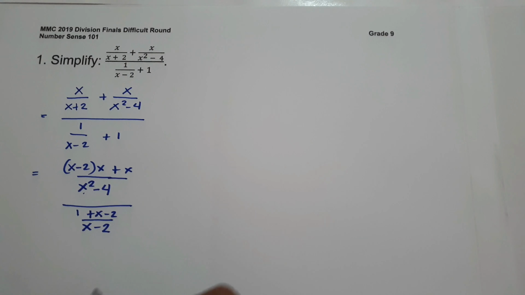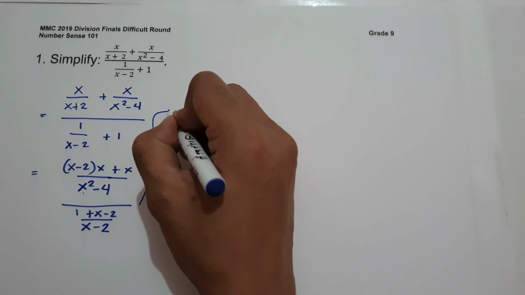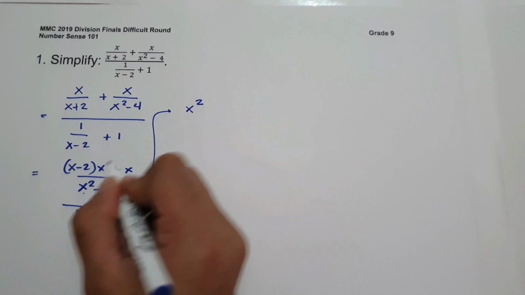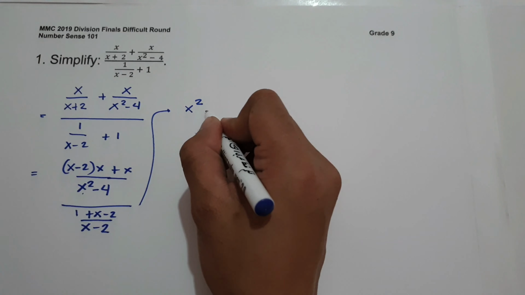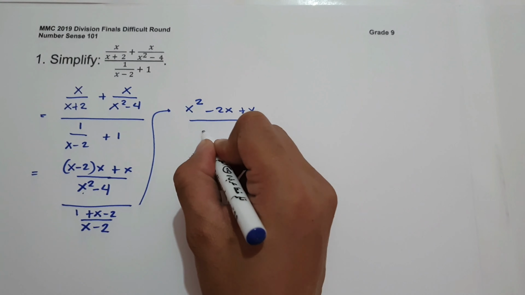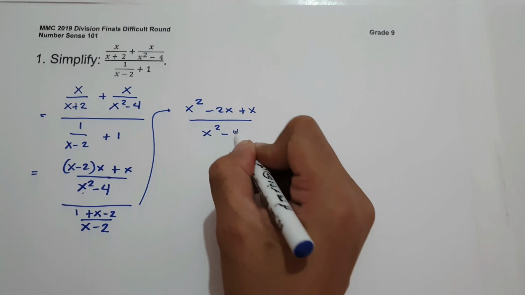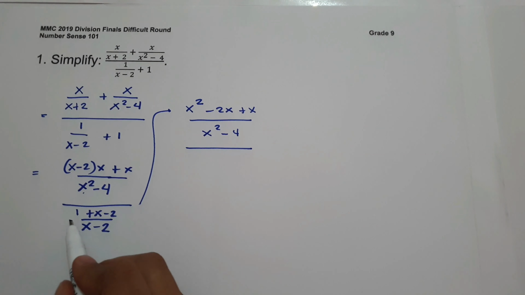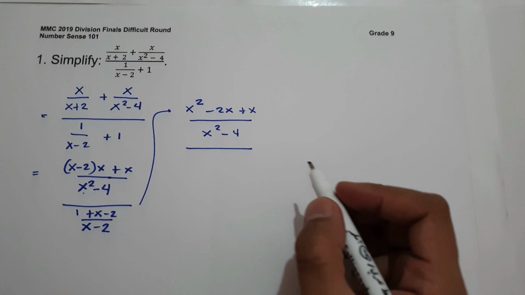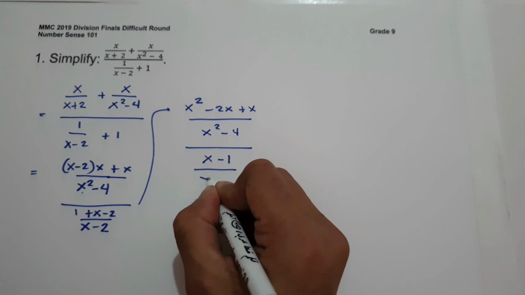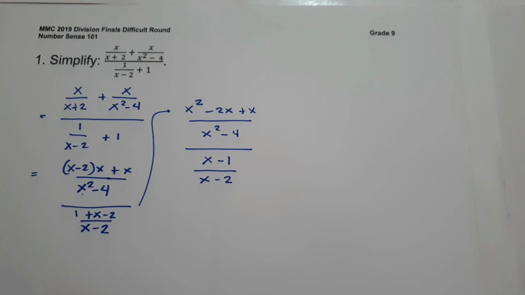So let us simplify. We have x times x is x squared, and negative 2 times x is negative 2x, plus x over x squared minus 4, all over 1 minus 2, that is negative 1. So we have x minus 1 over x minus 2.